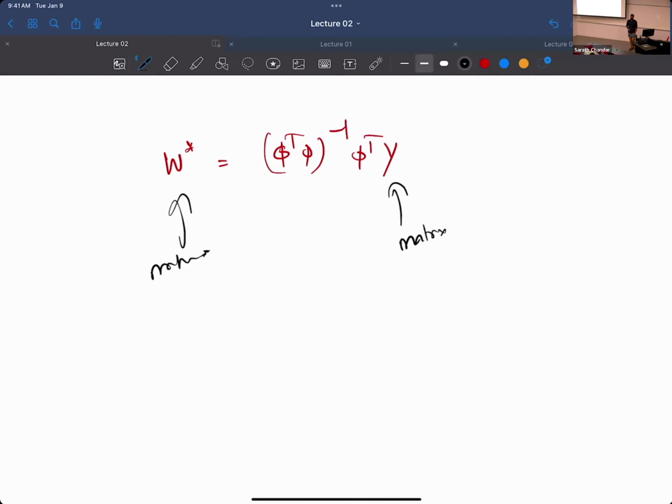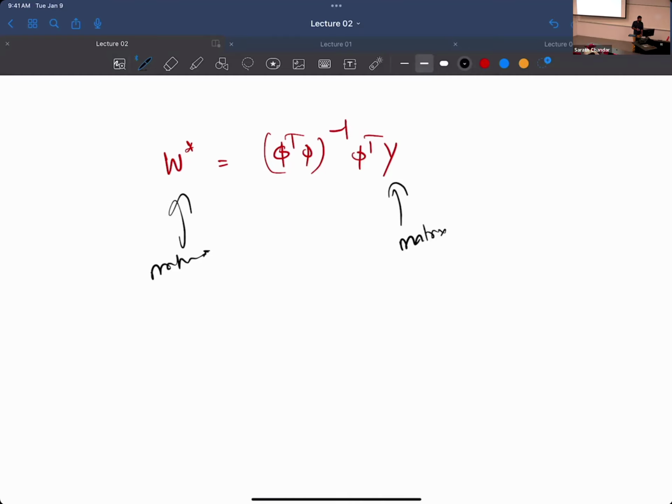Okay, so if you have 10 outputs, then W is going to be a matrix of size the number of features times 10. I know I'm saying this very quickly, but I want you to go back and think about how you can adapt the linear regression solution when y is a vector instead of a scalar. My point here is nothing changes. You still get the same solution.